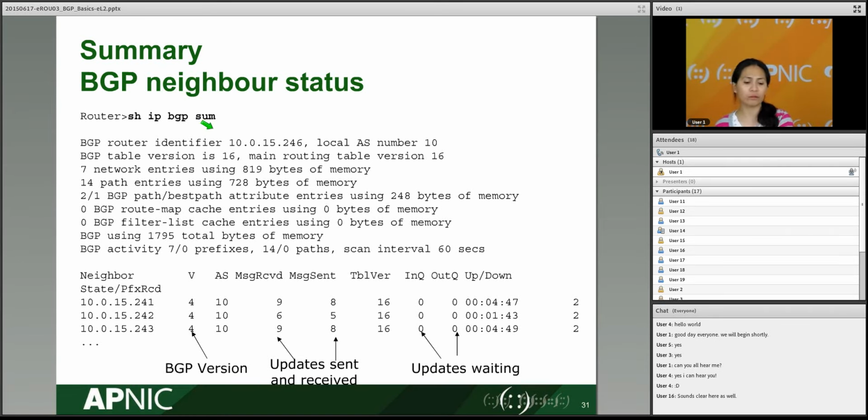If you remove the sum part at the end, it will give you all of those routes in more detail. So if you're trying to troubleshoot your configurations, if you're actually peering with your neighbors, this is a good way to look at it. And you can see how many prefixes you have got, or whether you have actually established any form of peering relationship with them or not.